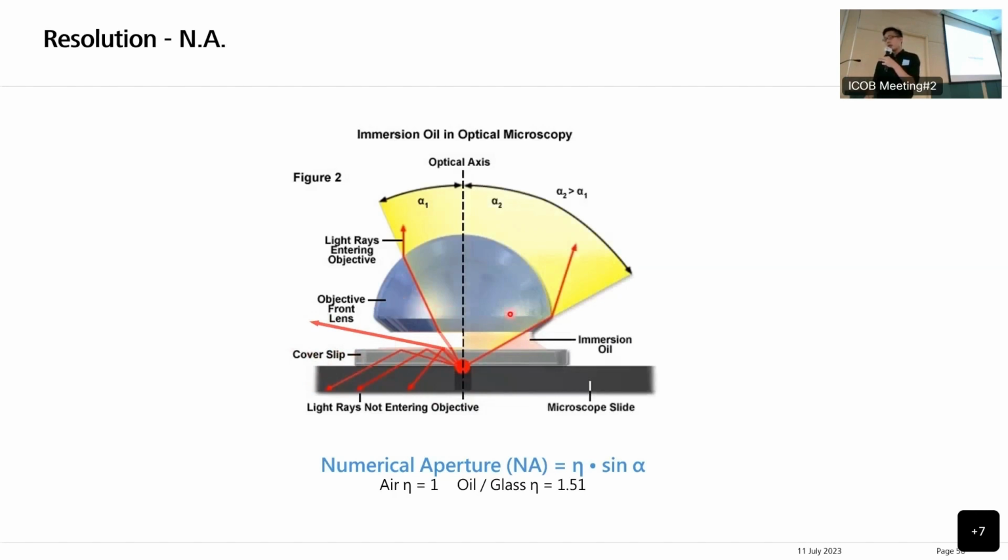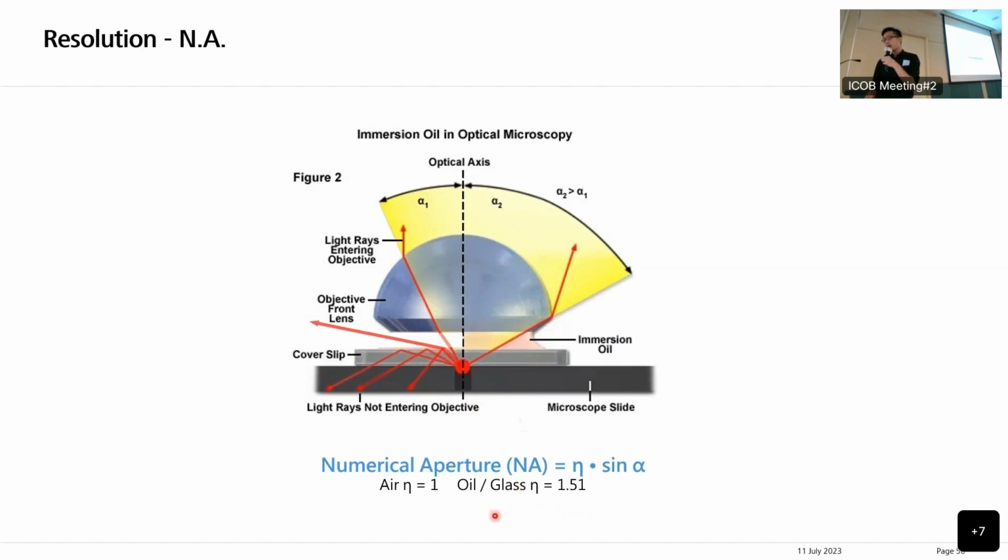Oil lens means that we apply immersion oil in between the lens and the cover slip. And the refractive index of the immersion oil is equal to the glass. Here you can see this is the refractive index. For glass, it's around 1.51.